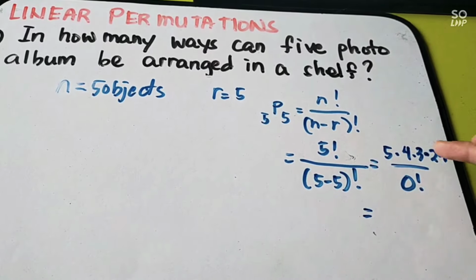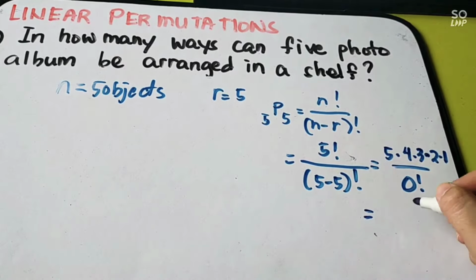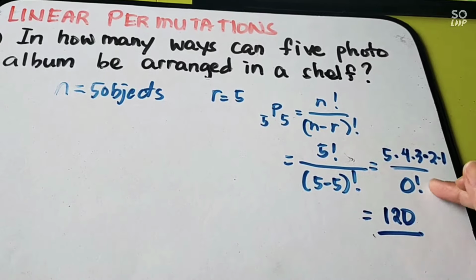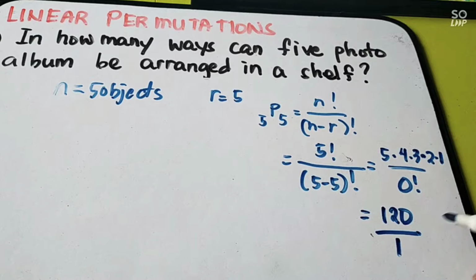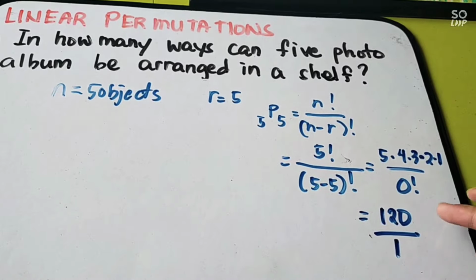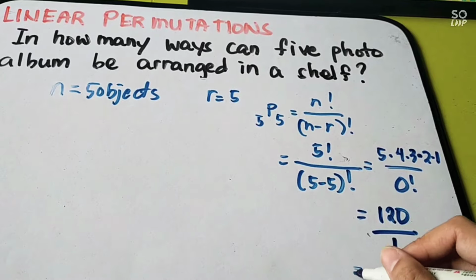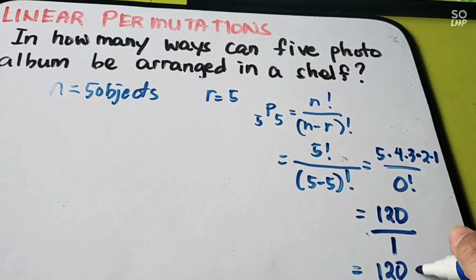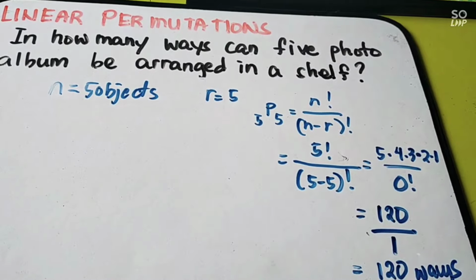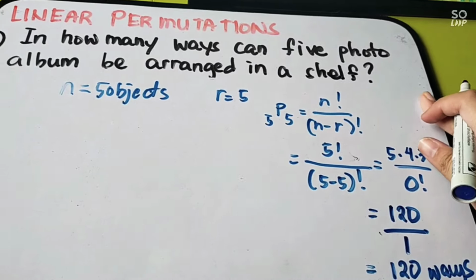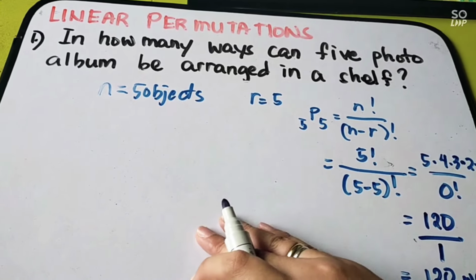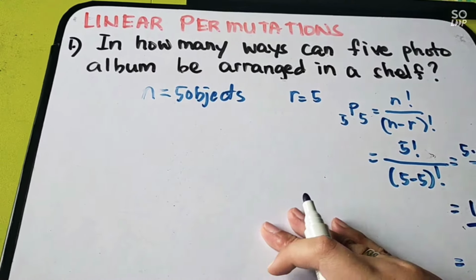When you multiply 5 times 4 times 3 times 2 times 1, the answer is 120 over 0 factorial, which is equivalent to 1. Take note of that, 0 factorial is always equal to 1. So, 120 divided by 1 is equal to 120 ways. So, we have 120 ways for us to arrange the 5 photo albums in a shelf. So, that is one way of answering this question.